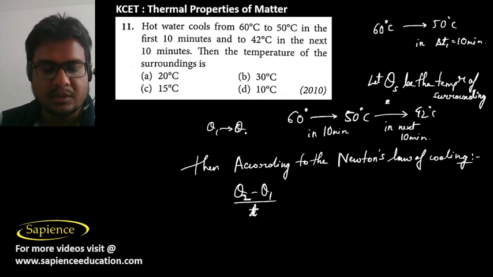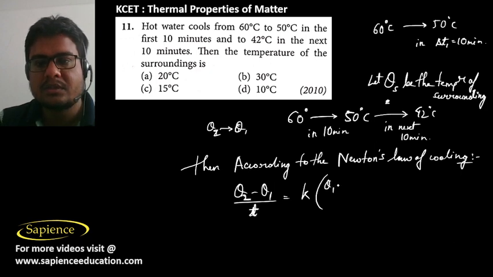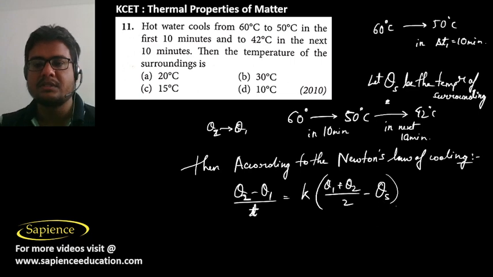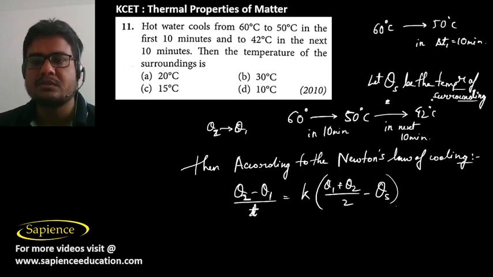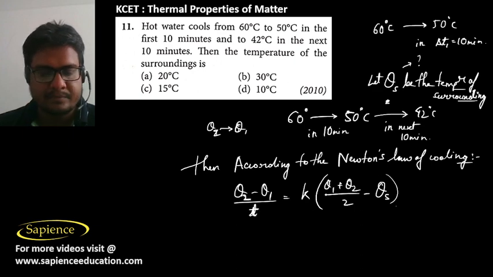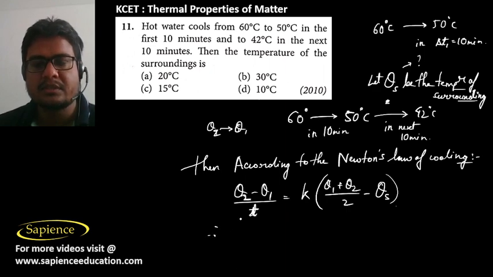So theta 2 minus theta 1 by T will be equal to K into theta 1 plus theta 2 by 2 minus theta s, where theta s is the temperature of the surrounding. That is what we have to find.